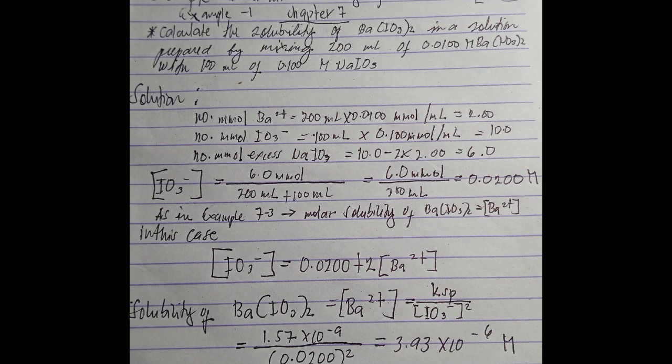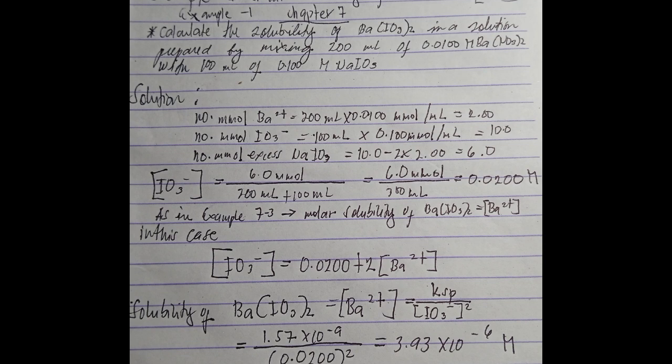So let's convert it into molar solubility. We have the value of the solution, which is 0.0200. Where 2 times the solubility represents the iodate contributed by the sparingly soluble salt, find the provisional answer after making the assumption.